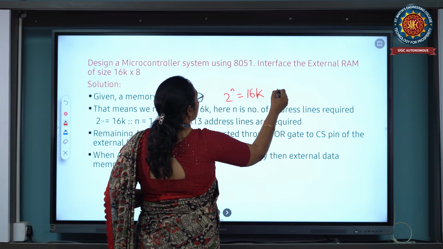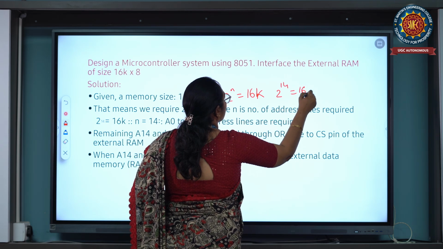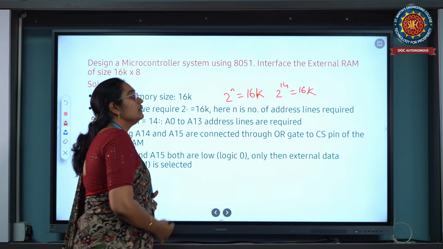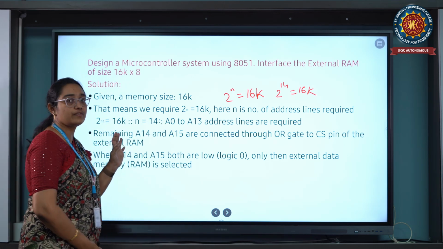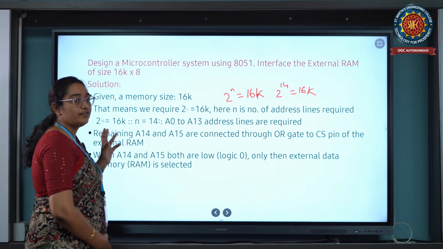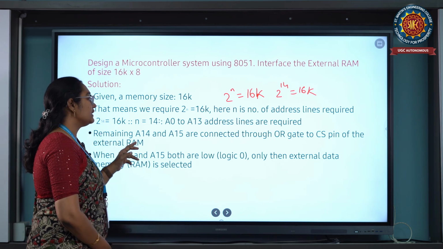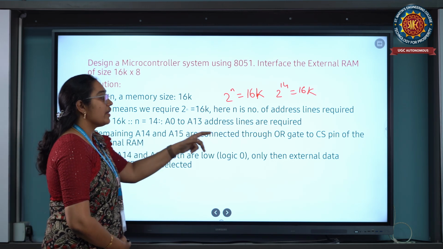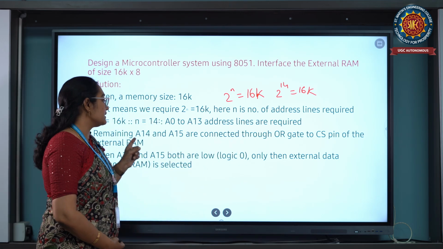That means 2 power 14 equals 16k. Out of 16 address lines, we are using 14 address lines, which range from A0 to A13. These address lines are required for interfacing the random access memory. The remaining A14 and A15 are connected through an OR gate to the CS pin of the external random access memory.